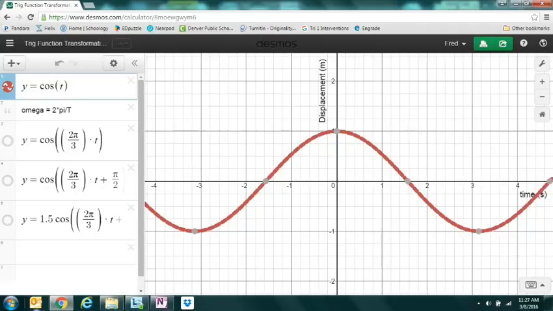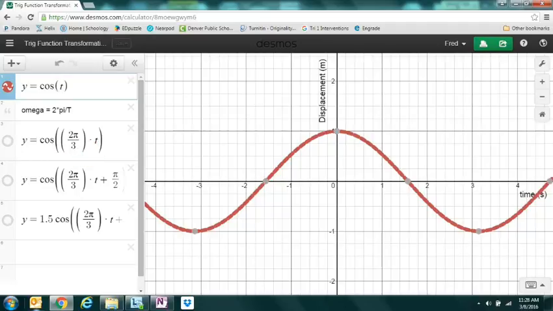And what we can use is this formula over here that we learned in class, that the angular frequency, omega, is equal to 2 pi over the period, and this omega, this angular frequency, is what you multiply times time. So this is omega times t here.